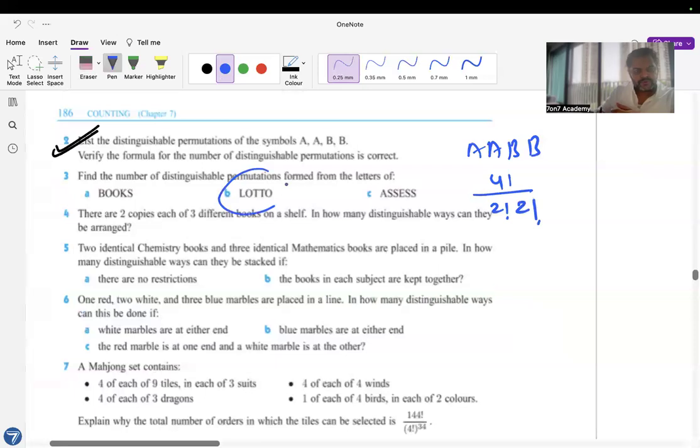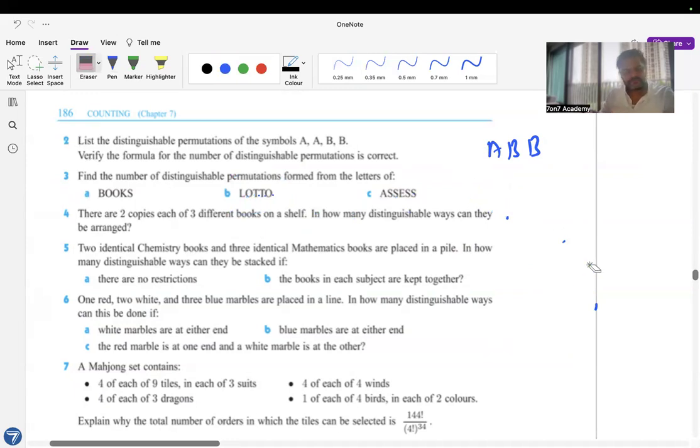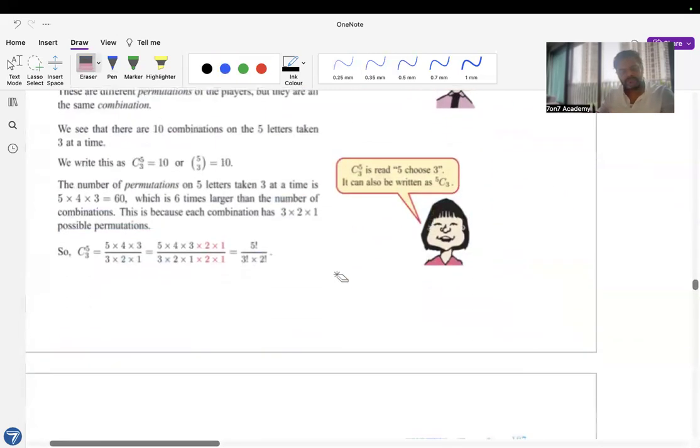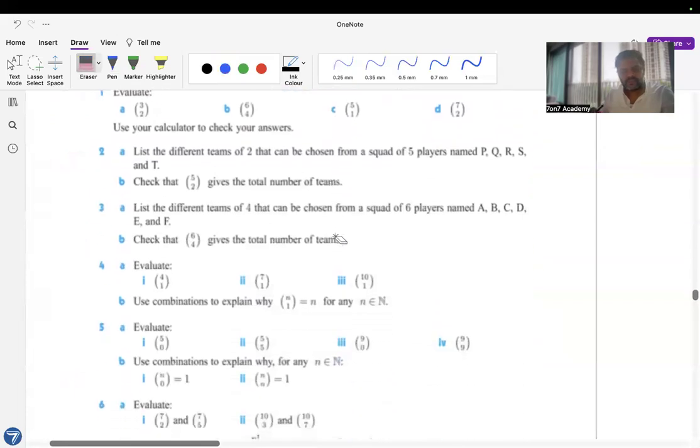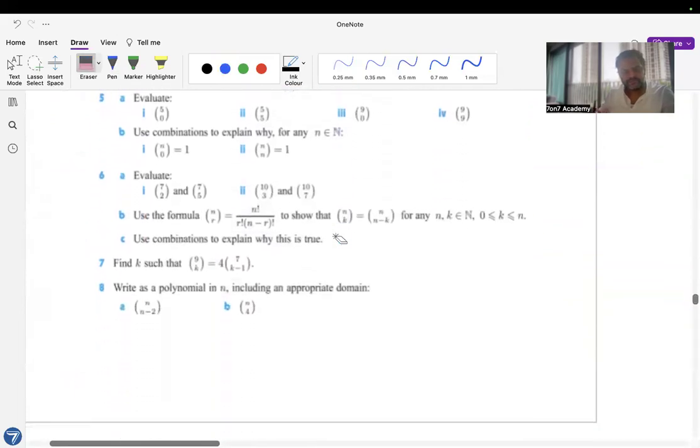So if you use this, then you can write here 1, 2, 3, 4, 5, 5 factorial divided by 2 factorial and 2 factorial. Here also you can do the same way. This we did, you understood.